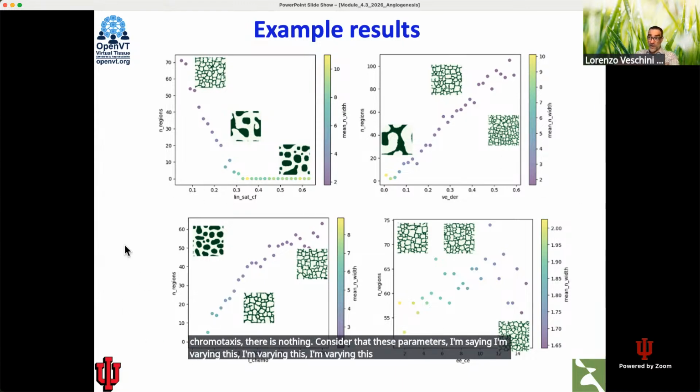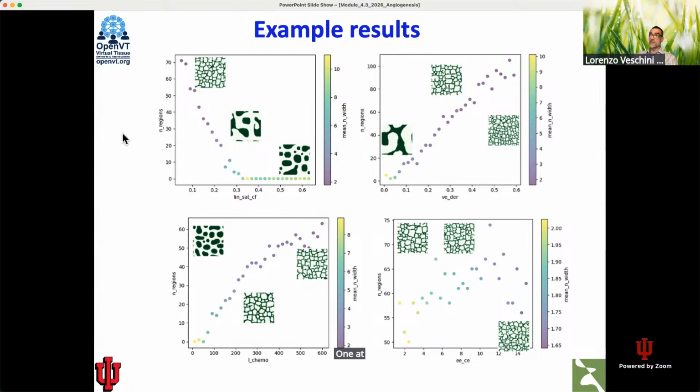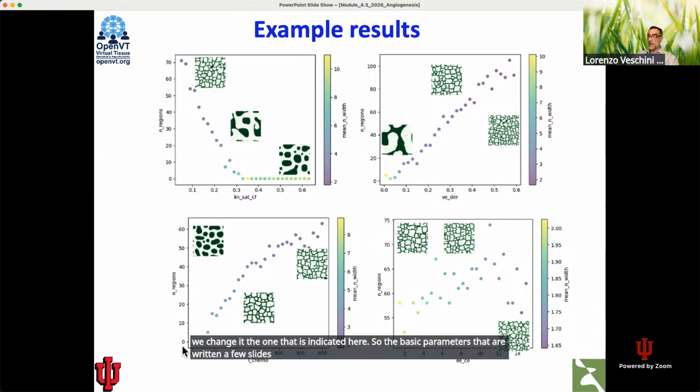The strategy of variation in this particular case is one at a time, which means that starting from those parameters that we have in the slides, we change the one that is indicated here. So the basic parameters that are written a few slides before, minus a change that is represented here, just for clarity. So only one parameter changes in this estimation.